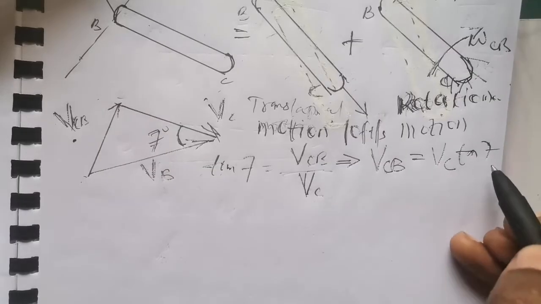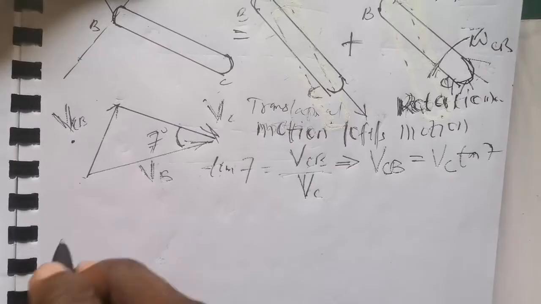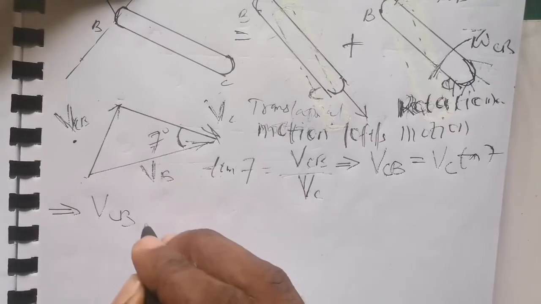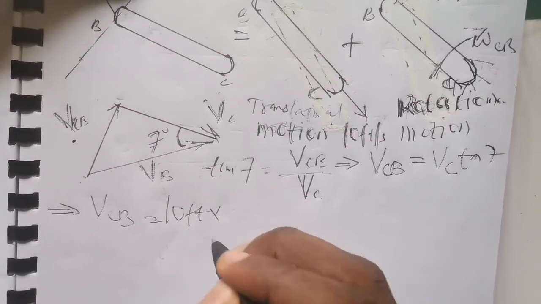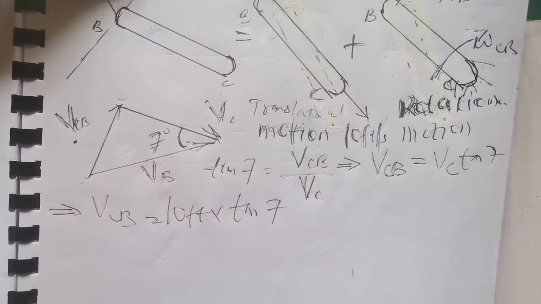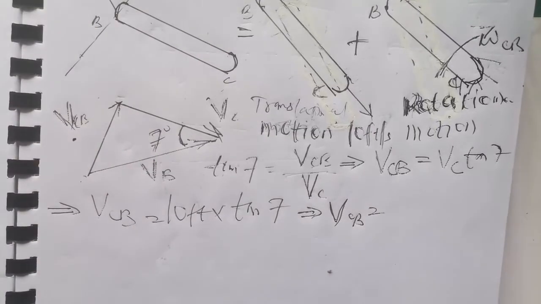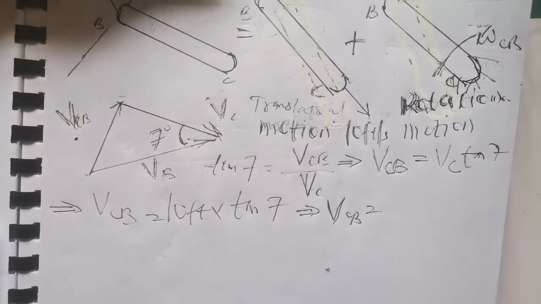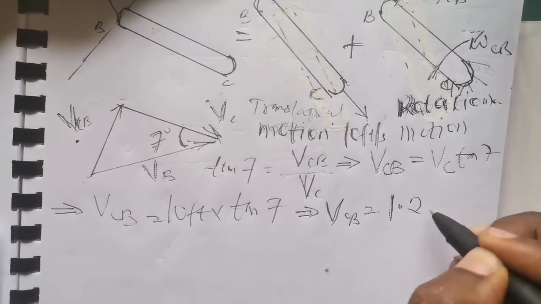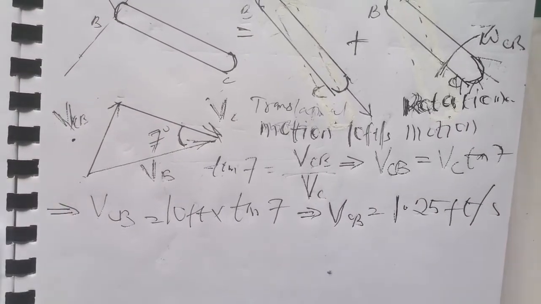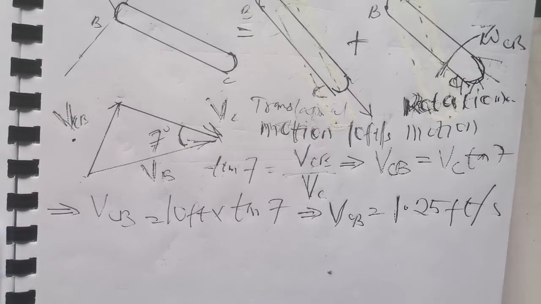Not forgetting that VC was given as 10 foot per second, the relative speed VCB is 10 multiplied by tan 7. That gives us 1.25 foot per second, so the relative velocity between C and B is 1.25 foot per second.